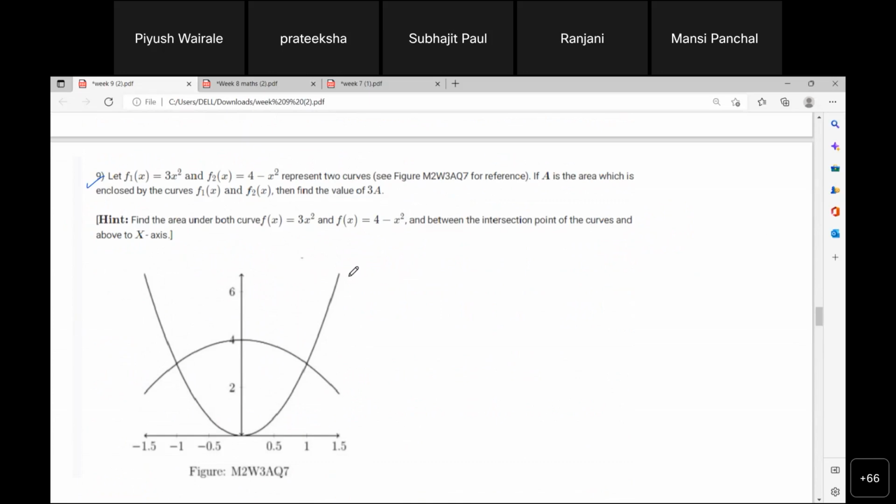So we can find the area under both the curves, and we can subtract the area under the above curve from the curve which is going through 0. But at first we have to find out the intersection point, right? Yes, because we can integrate from this point to this. I can find out the area of this parabola minus this parabola, so I will get the area of this. Just multiply it by 3, you will get the answer.